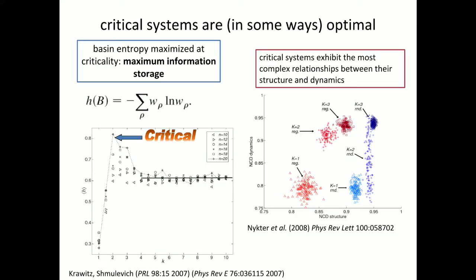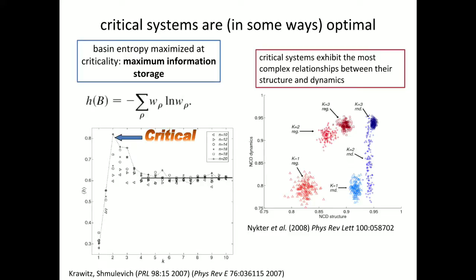In the thermodynamic limit, you can actually prove that the basin entropy will scale with system size only in the critical regime. So if I make my system larger, I can make my memory larger. But only if I'm critical. If I'm chaotic or I'm ordered, I don't care how large my system gets, I cannot increase its memory this way. Okay, so that's provable.